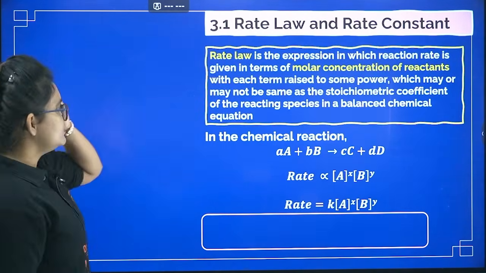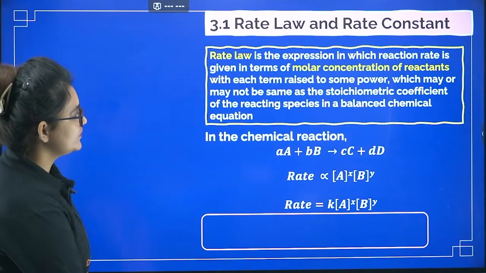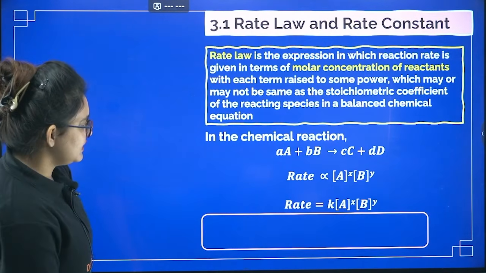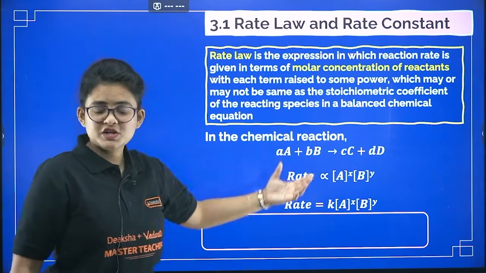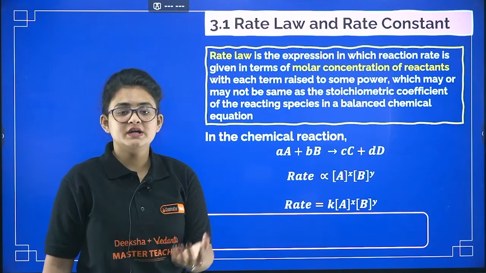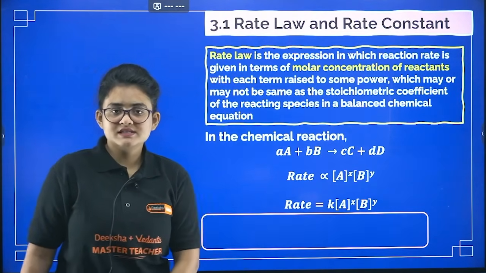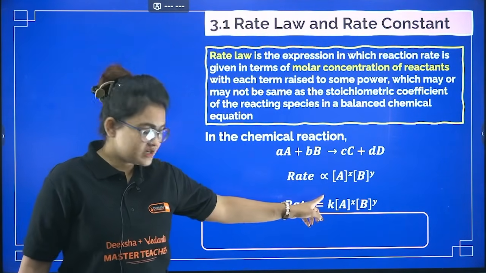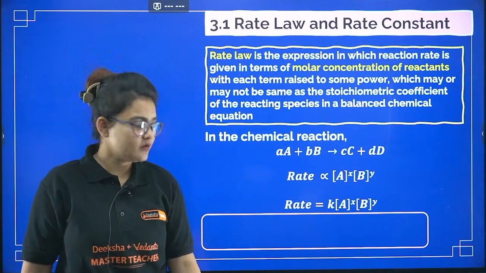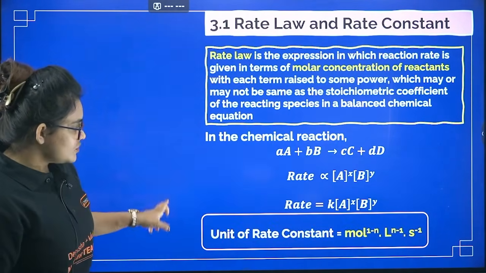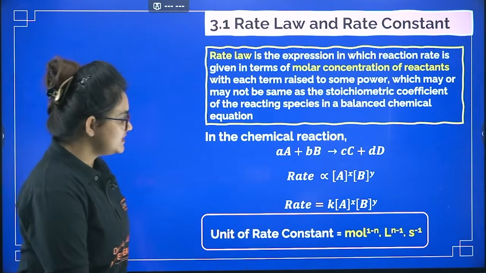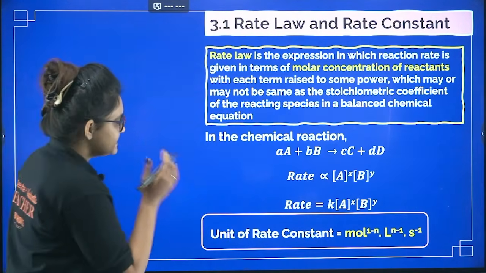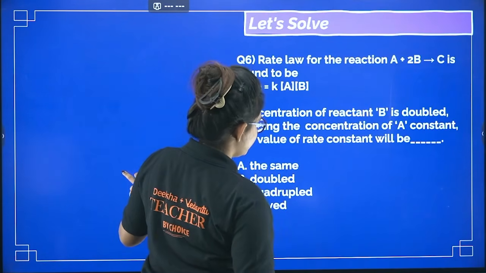So this is the rate law, you can just go through. Here you can see this is the rate. If you remove this proportionality sign, then one constant will come, that is called the rate constant. Here you can see the unit of the rate constant. I will tell you one thing here. What is x and what is y?